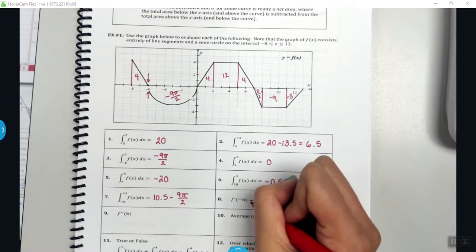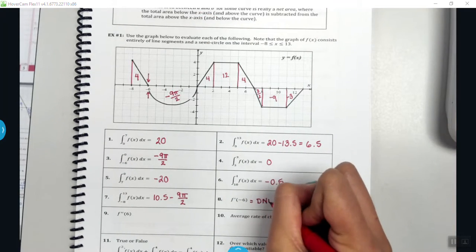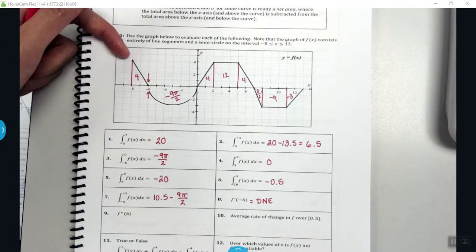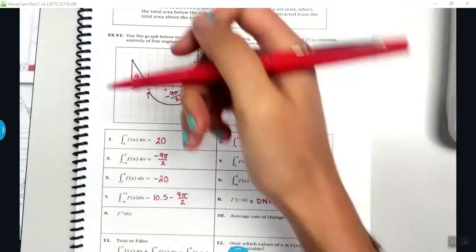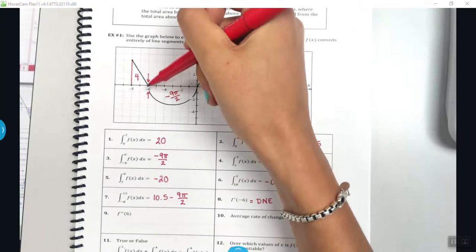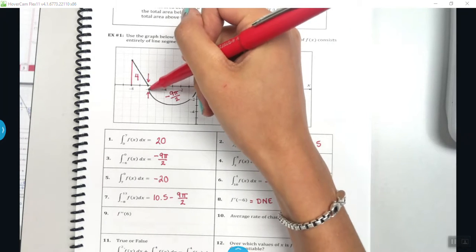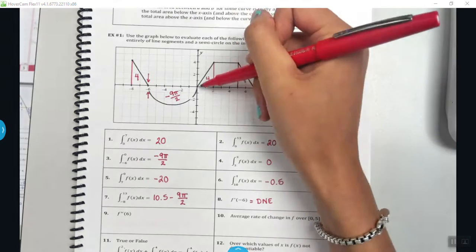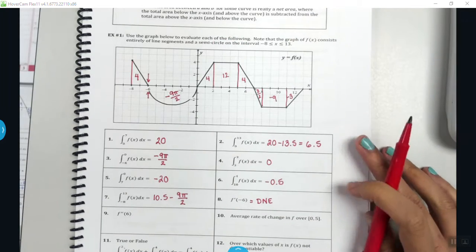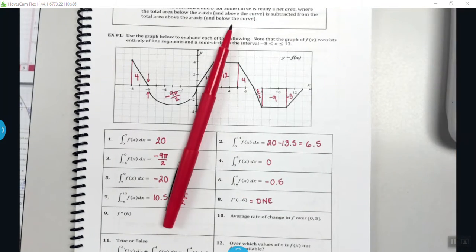Yeah, it does not exist, because this side has a negative 2 slope, but this side is a semicircle, and the sides of a semicircle always have vertical tangent lines, right? That's the term that you learned in geometry, right? Radius. They've got vertical tangent lines on the side, right?